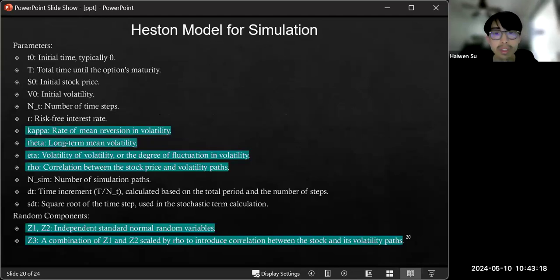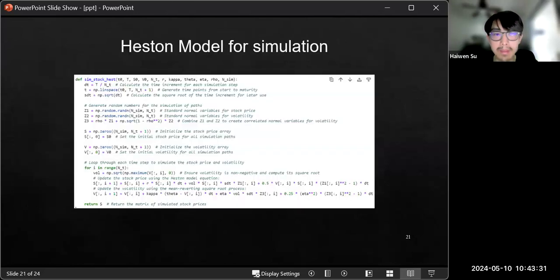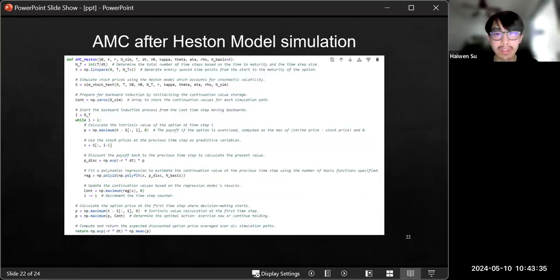And those are the parameters I mentioned. Some of them I mentioned in the last slide. The highlighted parameters are the main difference between the two models. And yeah, this is the code. For American Monte Carlo, I used the polyfit function to let it find an optimal basis by itself.